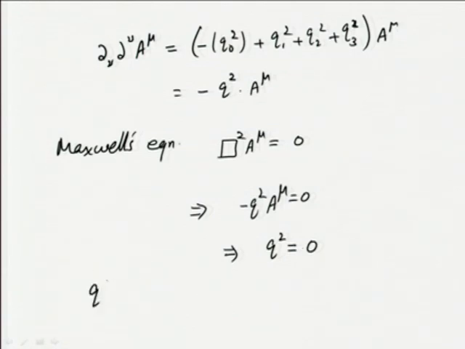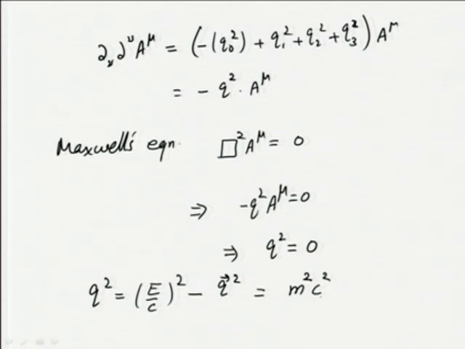And what is q²? q² is equal to q_0², which is essentially E², minus p², the 3-vector squared, which is equal to m²c². When we say q² equal to 0, m² is equal to 0.